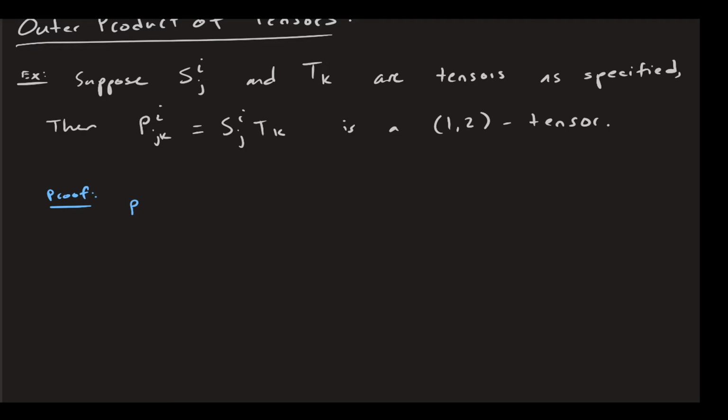I'll look at P^{i'}_{j'k'}. By definition, that would be S^{i'}_{j'} T_{k'}.